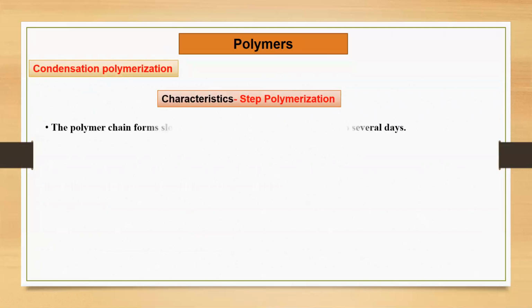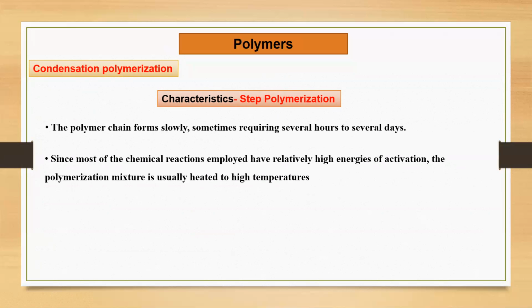Next, in the category of characteristics, the polymer chain forms slowly, sometimes requiring several hours to several days in comparison to chain growth polymerization, where it takes place very quickly. Since most of the chemical reactions employed have relatively high energies of activation, the polymerization mixture is usually heated to high temperatures.